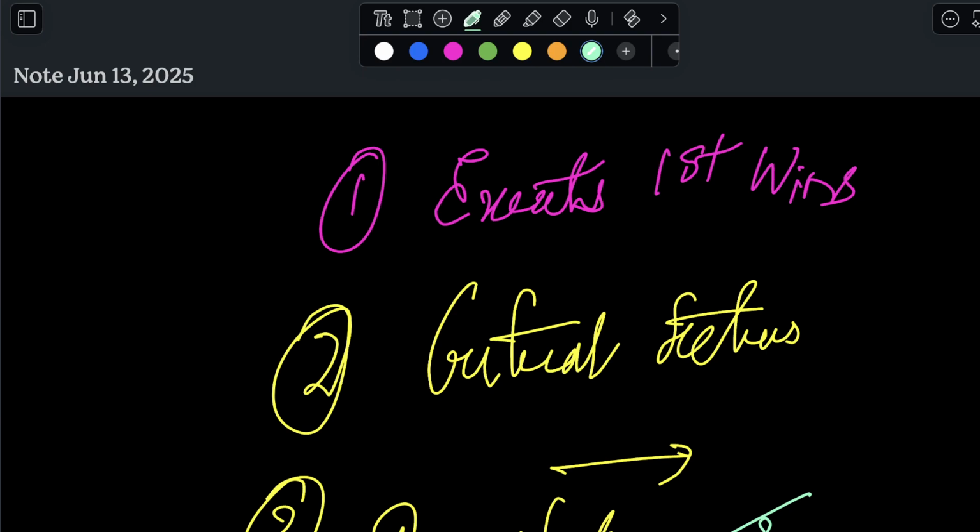The trap that we fall into in the critical section is race around.